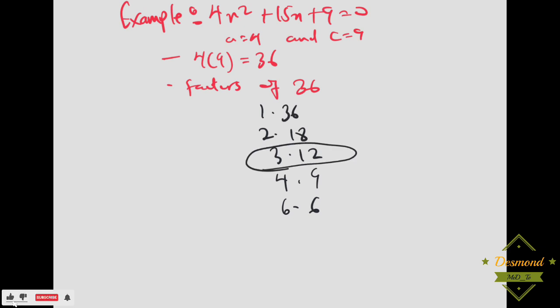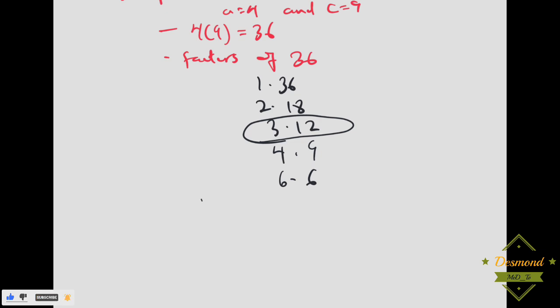So we have to rewrite the equation replacing the b term, which is 15x, with two terms using 3 and 12 as coefficients of x. Then we factor the first two terms and then factor the last two terms. So let's do that.